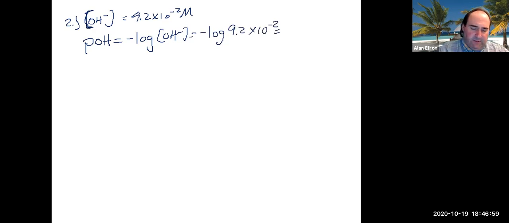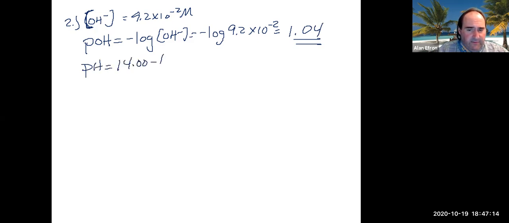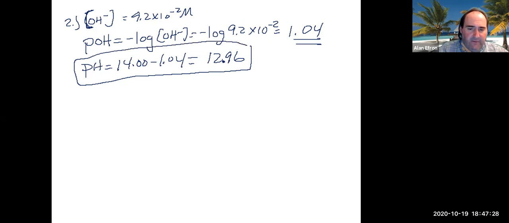And that will get us a pOH of 1.04. And in this particular case, we can subtract from 14, which is probably the easier move at this point, to get to our pH. And our pH here would be 12.96. Again, we want to look at the pH value, and we see that the pH value is above 7, and that means that this solution should be basic.